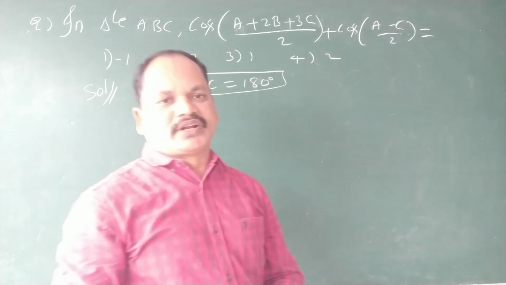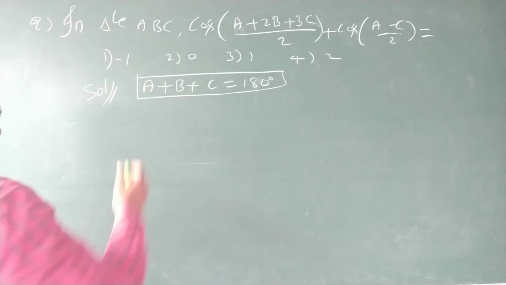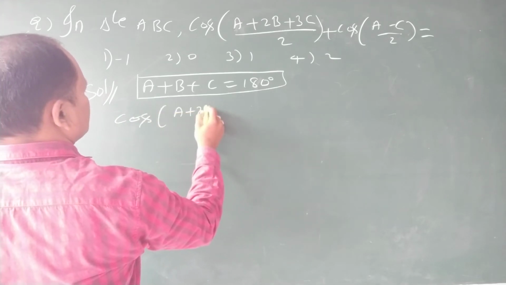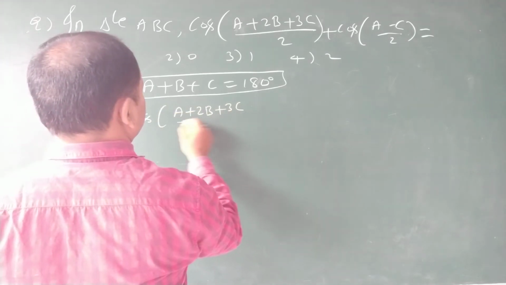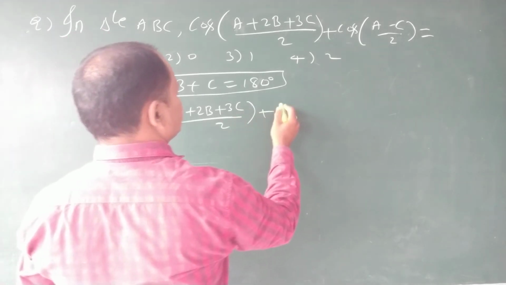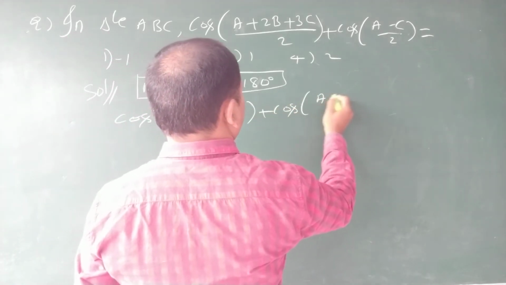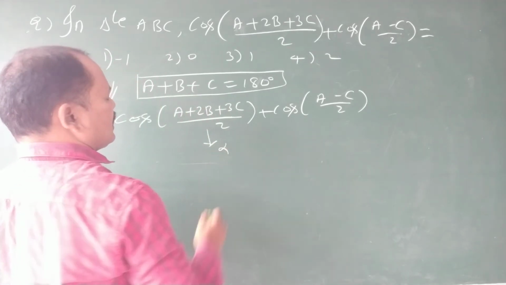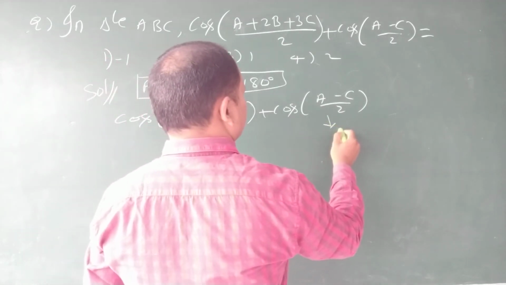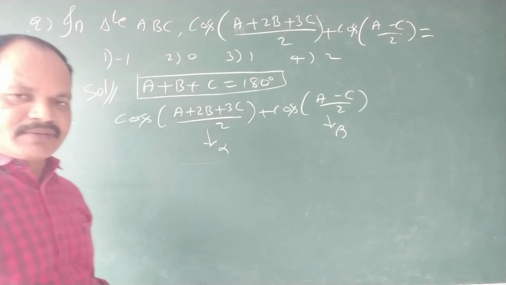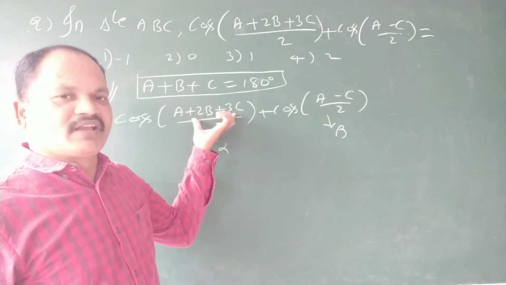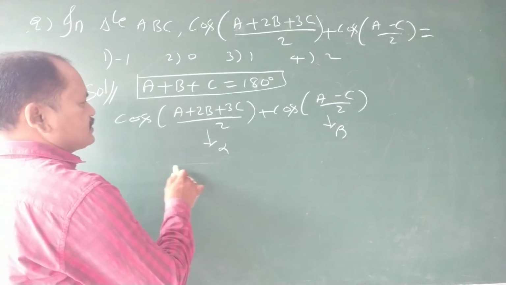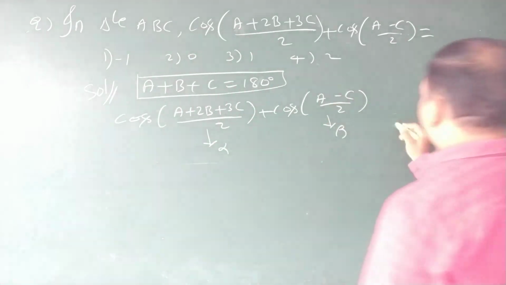Now the given cos of (A plus 2B plus 3C)/2 plus cos of (A minus C)/2. Suppose this part is alpha, this part is beta. Now we have to write the sum of these two, alpha plus beta.